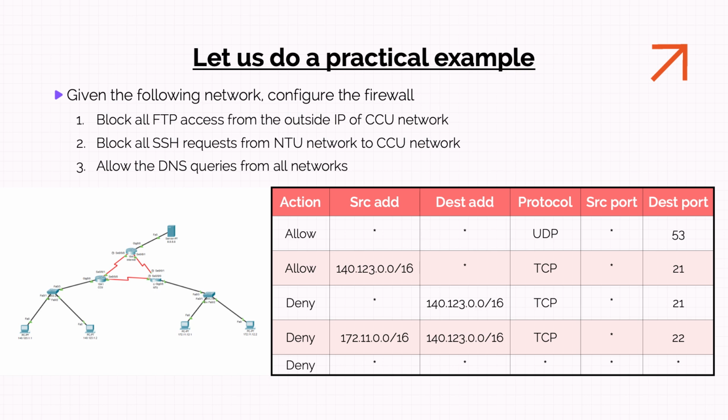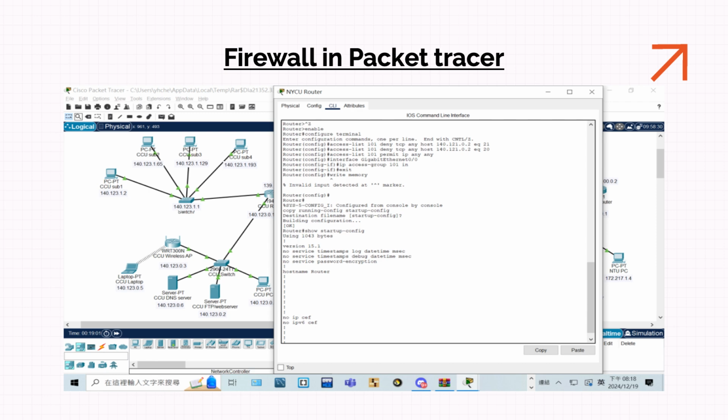So I have one video. This one is just an example of the rules I set. You can see on screen how I solve this problem. It is just a practical example, and I have one video to introduce the details about this one. So you can configure it in Packet Tracer, like you can set it in the router in Packet Tracer.